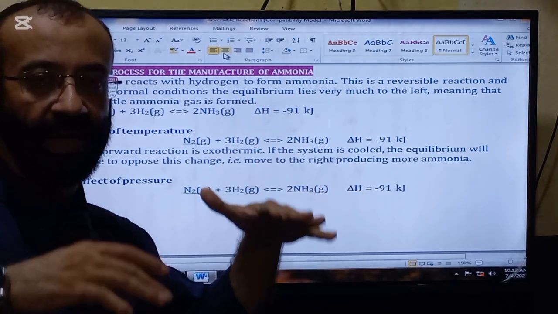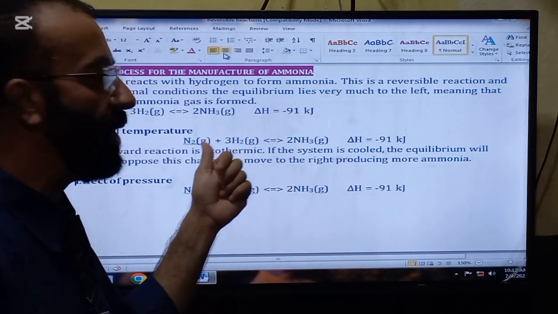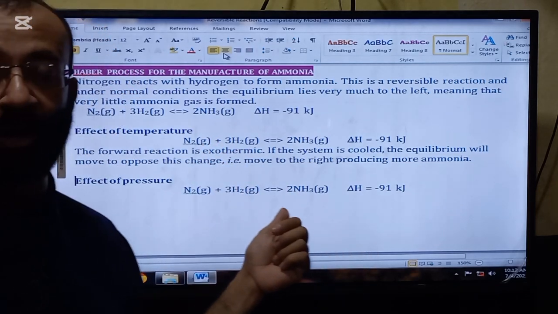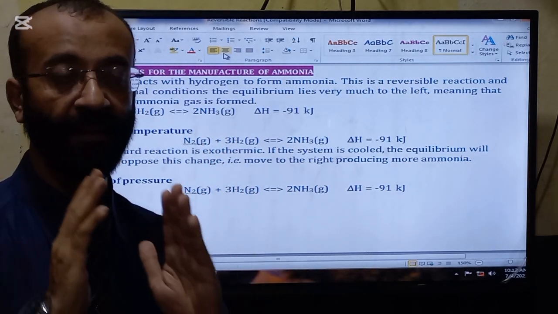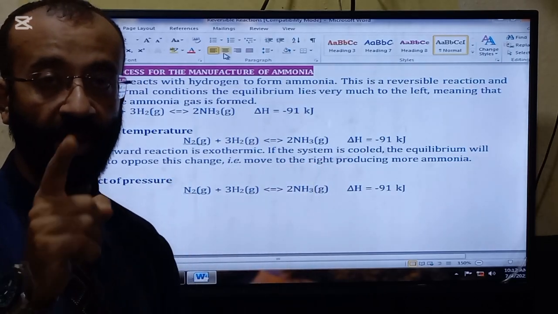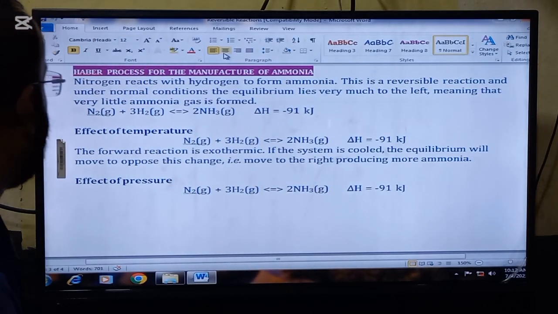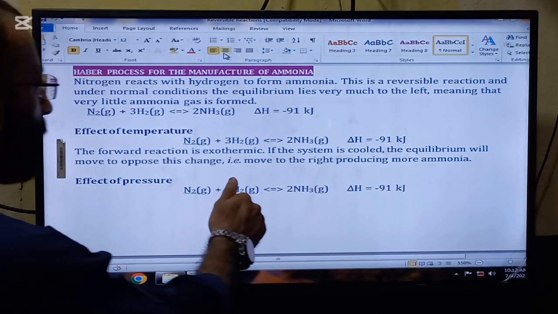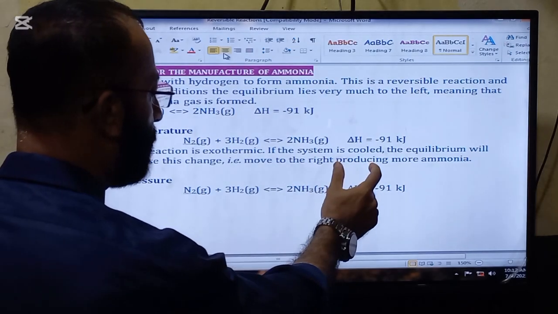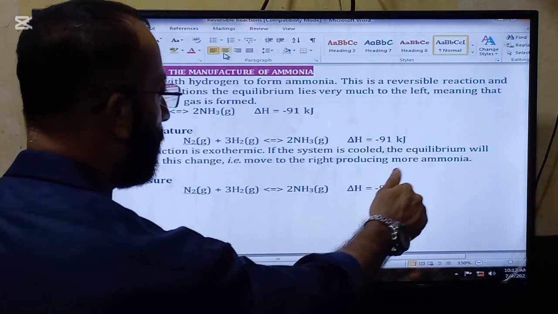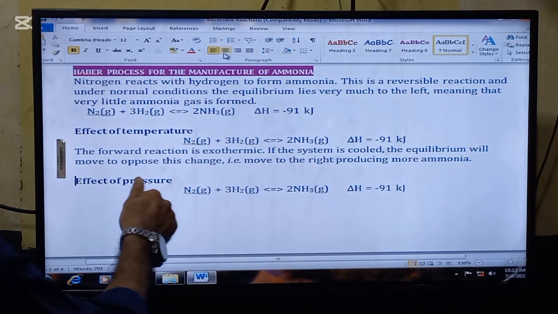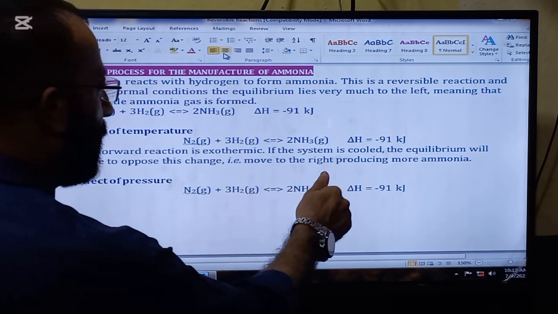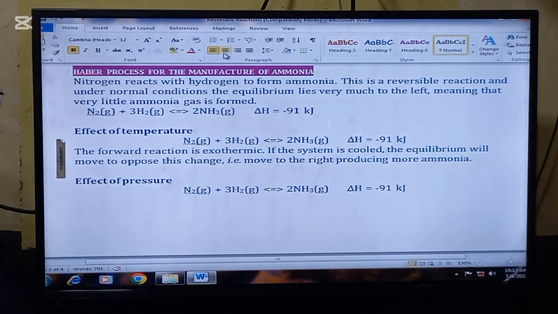If we decrease the temperature, that will have a good impact on the reaction. So the equilibrium will move towards right, product yield will be increased. Look now, the forward reaction is exothermic. If the system is cooled, it means the temperature is going down. The equilibrium will move to oppose the change, that is, move to the right, producing more ammonia.